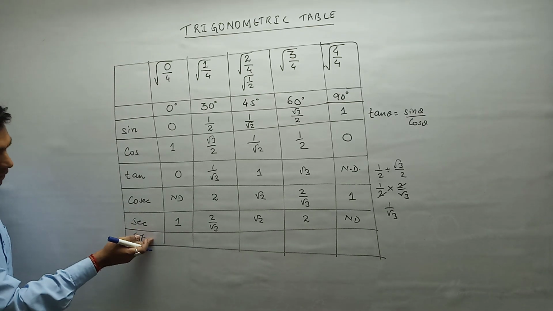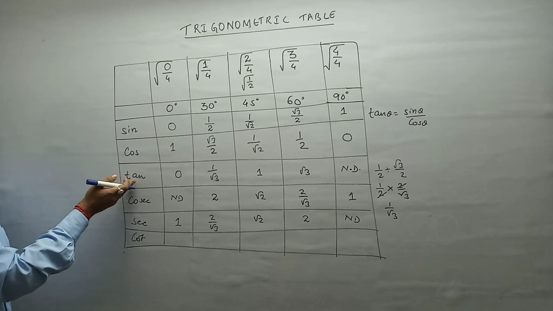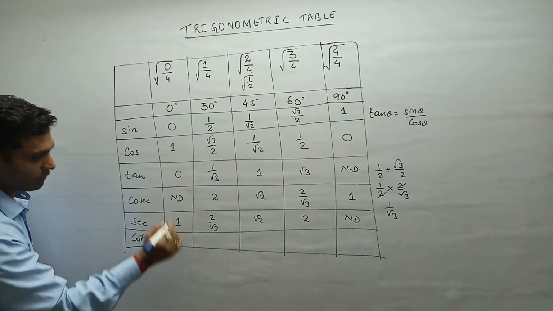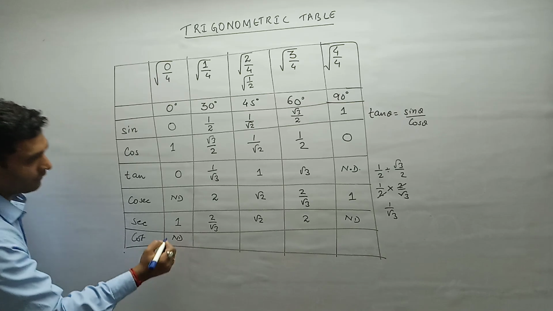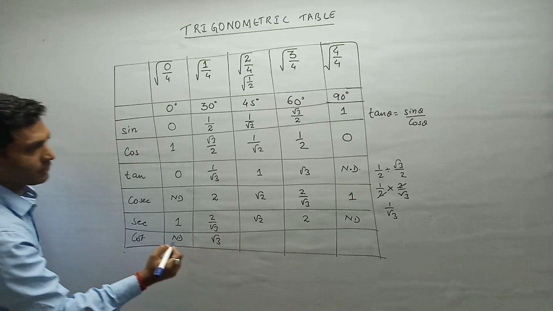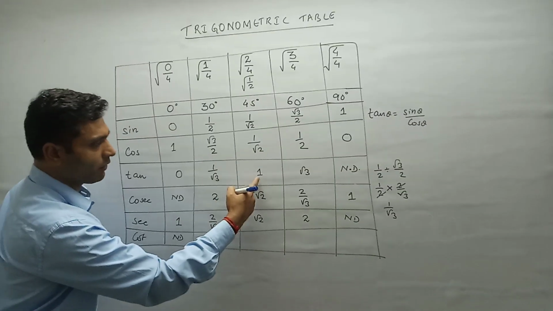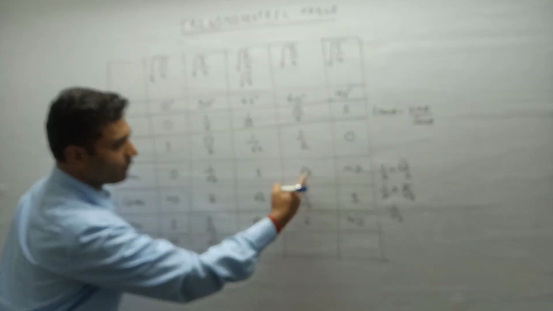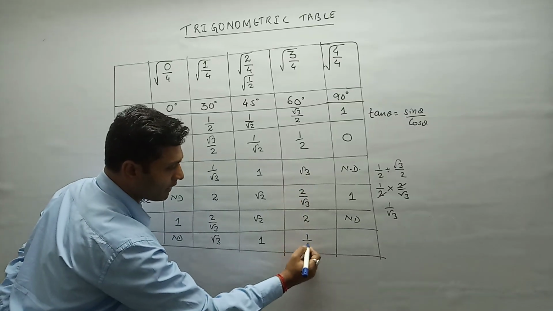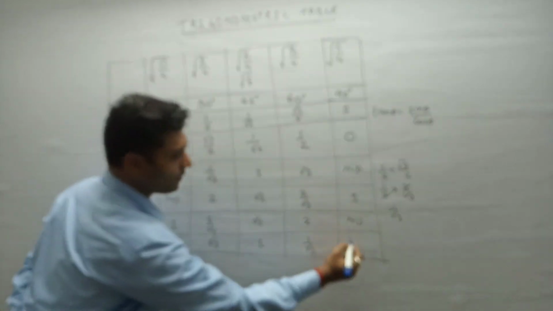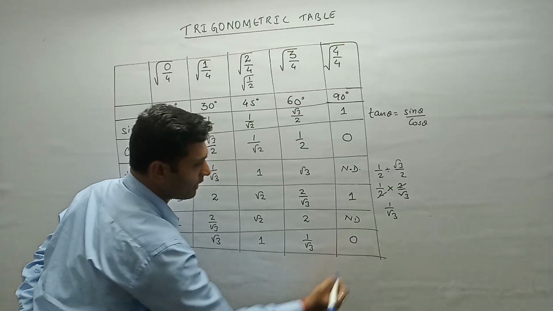Last, we have cot. Now, cot is the reciprocal of tan. So the reciprocal of 0 is not defined. The reciprocal of 1 upon root over 3 is root over 3. The reciprocal of 1 is 1. The reciprocal of root 3 is 1 upon root 3, and the reciprocal of not defined is 0.